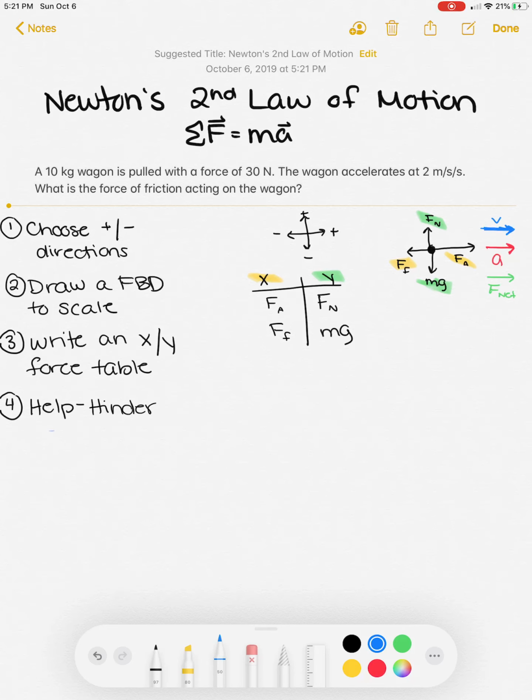Helping motion, those are going to be positive forces, and they assist the motion, or in other words, they go in the same direction. And then my hindering forces are negative, and they oppose the motion.